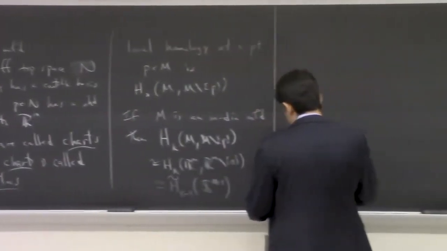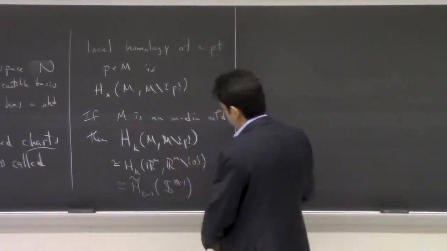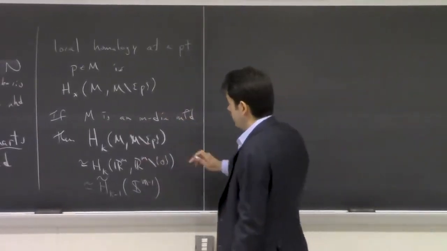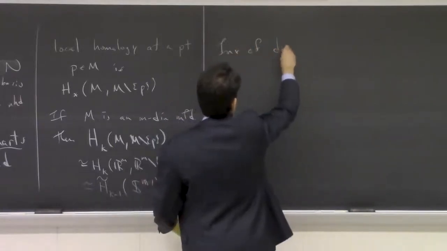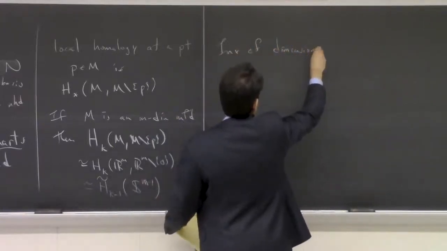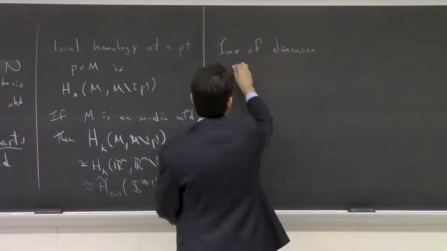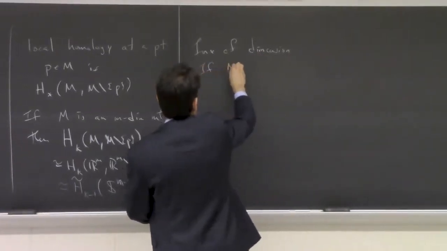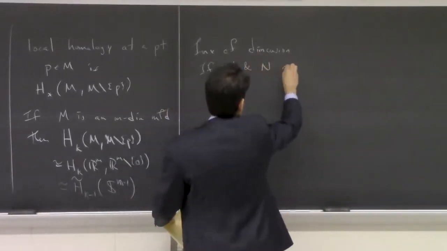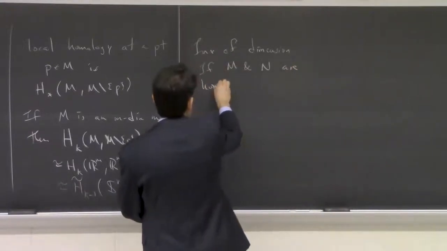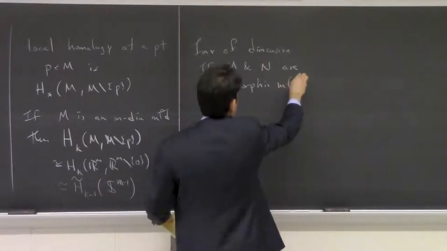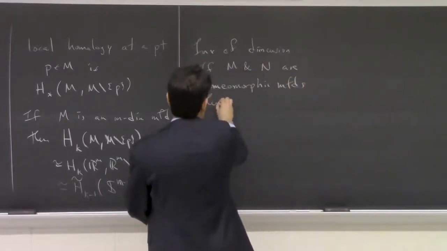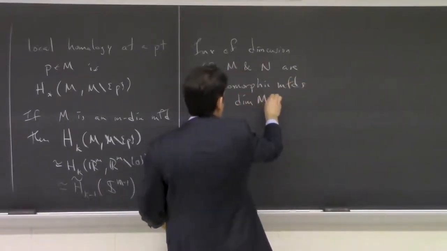Okay, but in particular, since this points out the dimension, we got invariance of dimension, right, which is the theorem of Brouwer, and says that if M and N are homeomorphic manifolds, then they have the same dimension.